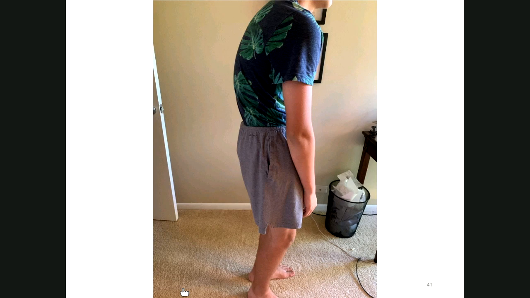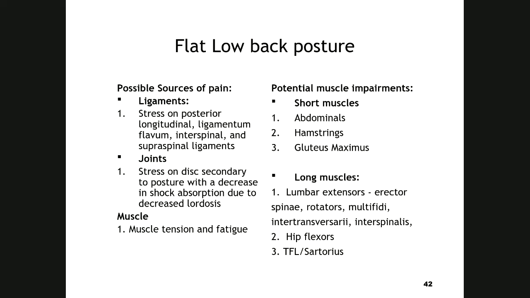All right, let's go to the next slide. So possible sources of pain on the ligaments: there's going to be stress on the posterior longitudinal ligament, the ligamentum flavum, and the interspinous and supraspinous ligaments may be stressed. Possible stress on the joints, and stress on the disc secondary to posture, due to a decrease in shock absorption because there's a decrease in the lordosis.